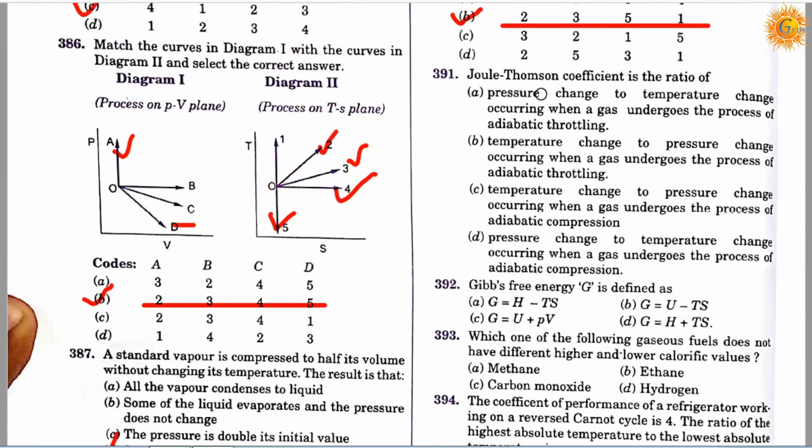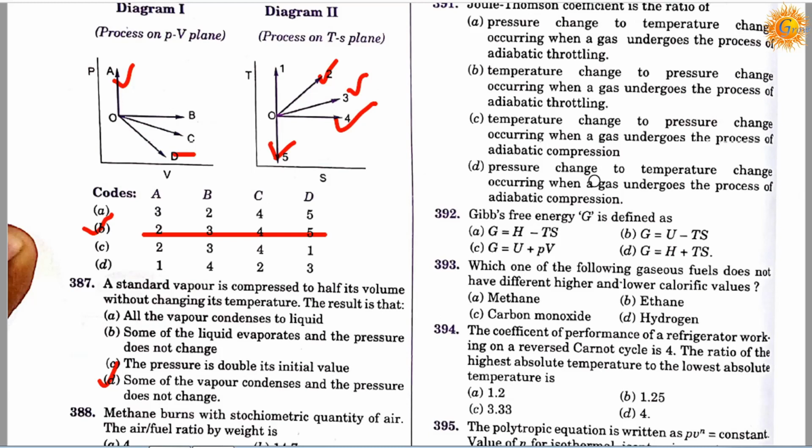Question number 391. Joule-Thomson coefficient is the ratio of option A, pressure change to temperature change occurring when a gas undergoes the process of adiabatic throttling, option B, temperature change to pressure change occurring when a gas undergoes the process of adiabatic throttling, option C, temperature change to pressure change occurring when a gas undergoes the process of adiabatic compression, option D, pressure change to temperature change occurring when a gas undergoes the process of adiabatic compression.